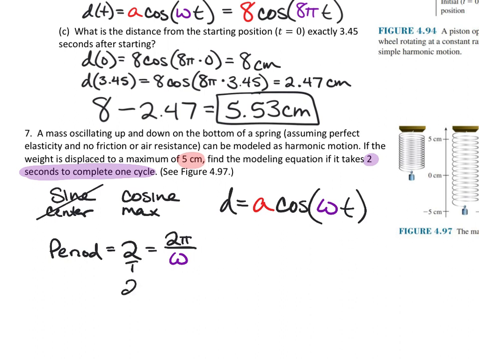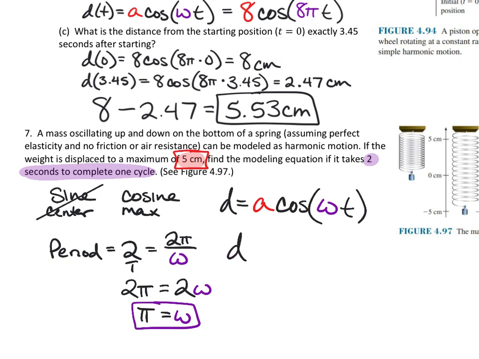2 pi divided by 1 is 2 pi. 2 multiplied by omega is 2 omega. Solve for omega by dividing by 2. We're going to have pi equal to omega. So I have the number I'm plugging in for omega. I have the number I'm plugging in for A. I can write the equation.